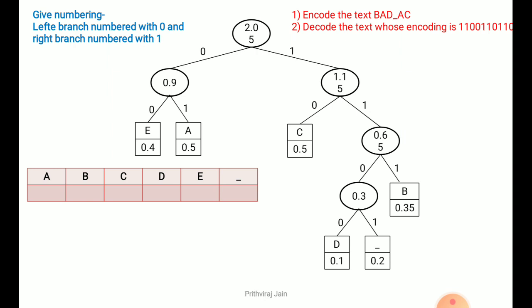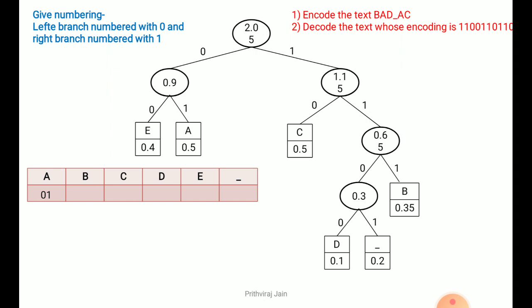Every character is placed at a leaf node. Now for A, we take the path from the root node to the leaf node called A. So the path is 0, 1, and the code for A is 0, 1.